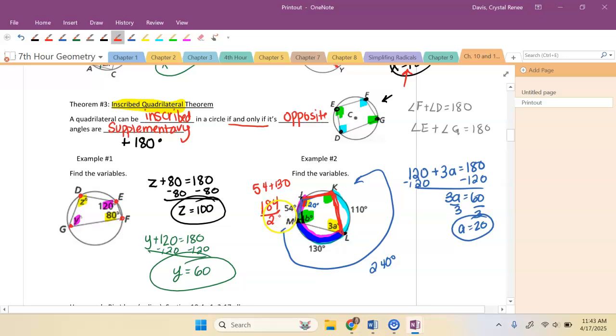So 184 divided by 2 gives you 92 degrees. Well then angle K and angle M are opposite angles, so I know that 92 plus 4B are supplementary, so they'd have to add to 180. So minus 92 from both sides. You get 4B is equal to 88. Divide by 4, you'd get B is 22.